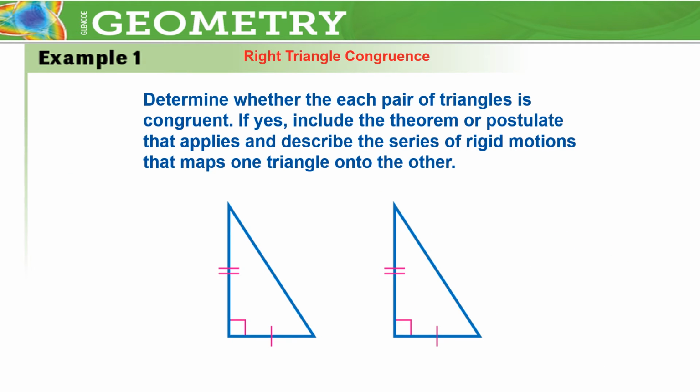Example number 1. Here you have 2 right triangles and we want to find whether the 2 triangles are congruent or not. Here you have 2 corresponding legs congruent and clearly 2 right angles. So you can use leg-leg.